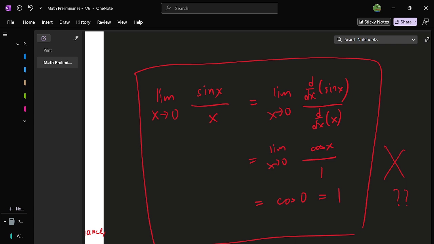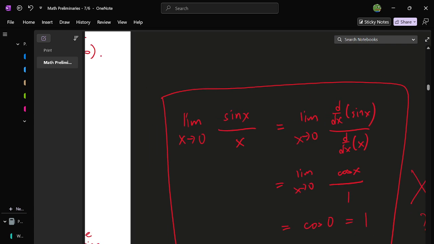To be very honest, I do not know the entire geometrical proof, but the proof of L'Hopital's rule actually requires you to know this limit. So you cannot use L'Hopital's rule on this limit. This is circular reasoning.